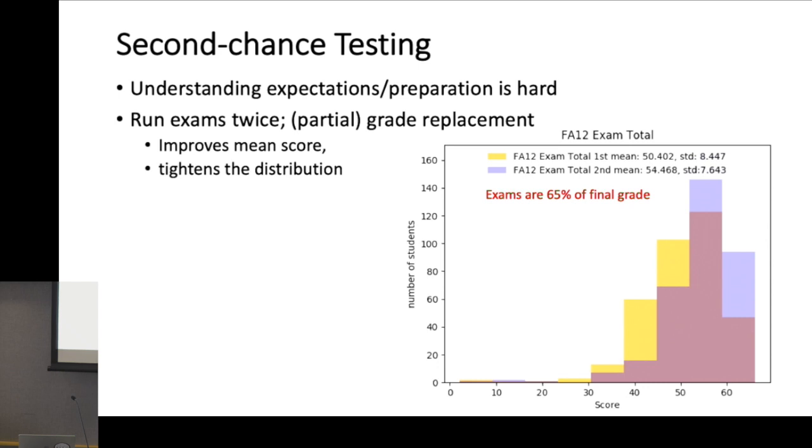So it goes up to 65 because in my class, 65% of the grade is determined by exams. And so the mean goes from 50 up to 54. So on average, the students are doing better. But arguably more important is the standard deviation is shrinking. The distribution is tightening, that we're having fewer people that are going to fail the class.